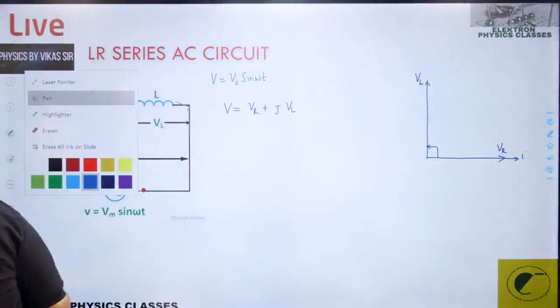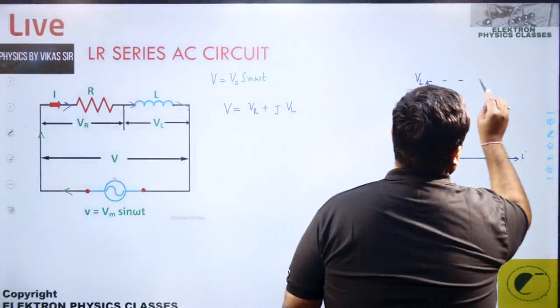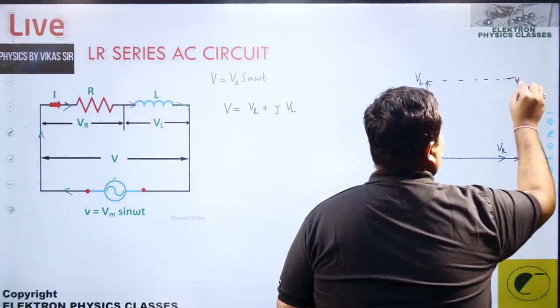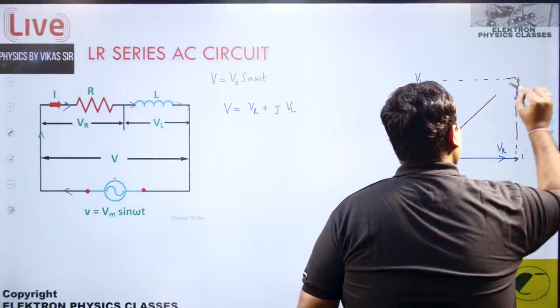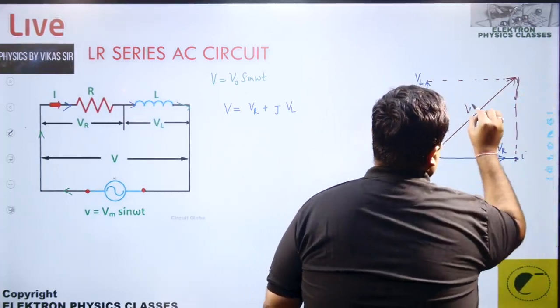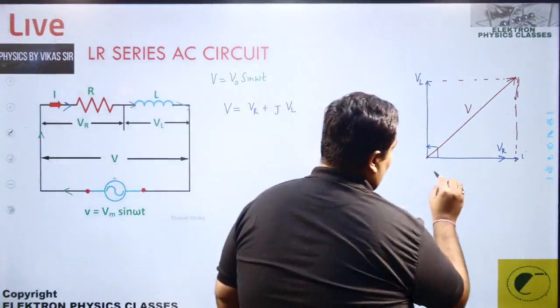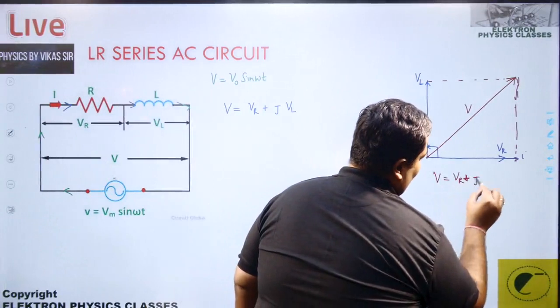And so what happens? We need to complete this parallelogram. So we complete this parallelogram, and we find this resultant, and that will be V. So the value for the V from here, I am writing V as equal to VR plus J into VL.